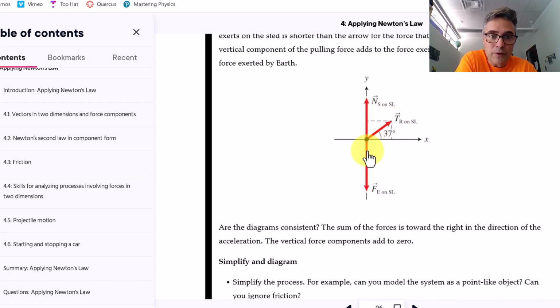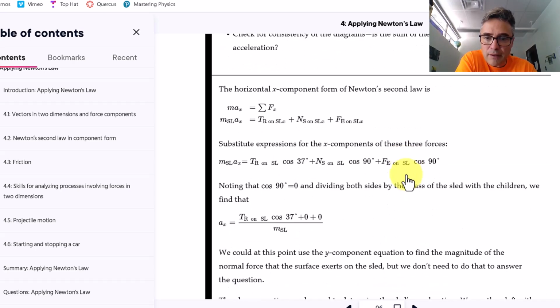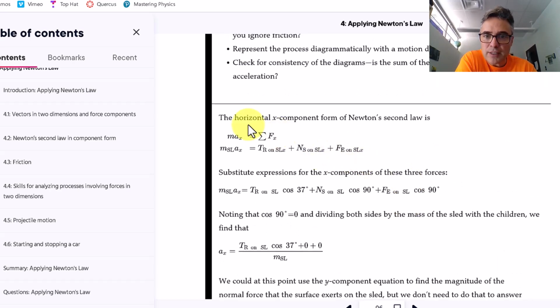Here's an example of a sled. You've got a normal force, gravity acting down, and now there's this tension which is at an angle. You'll end up with equations like the horizontal x component of Newton's second law: m times a sub x equals the sum of all the forces in the x direction.